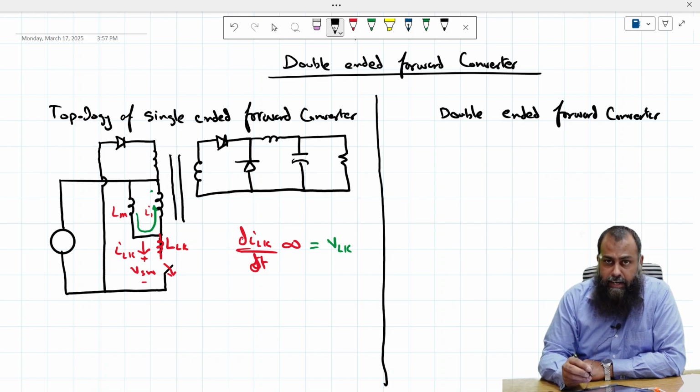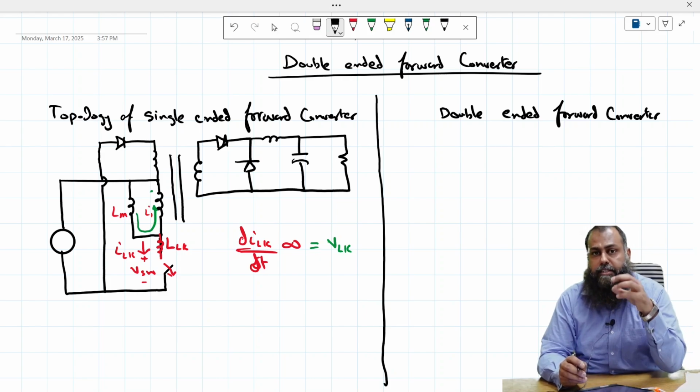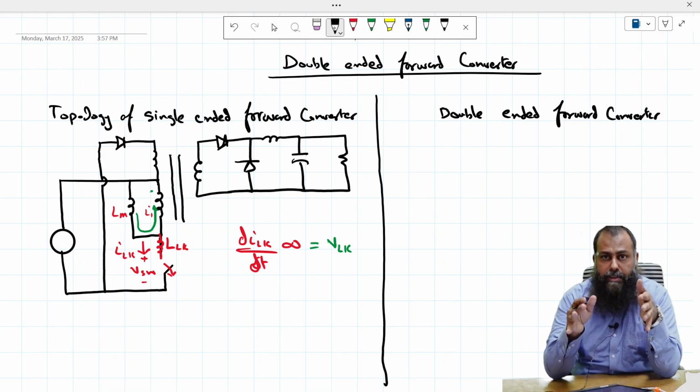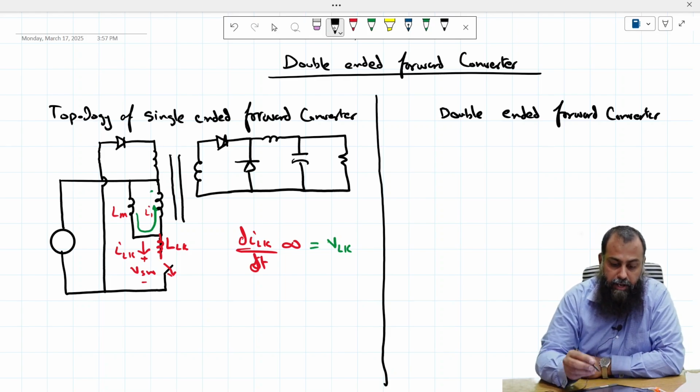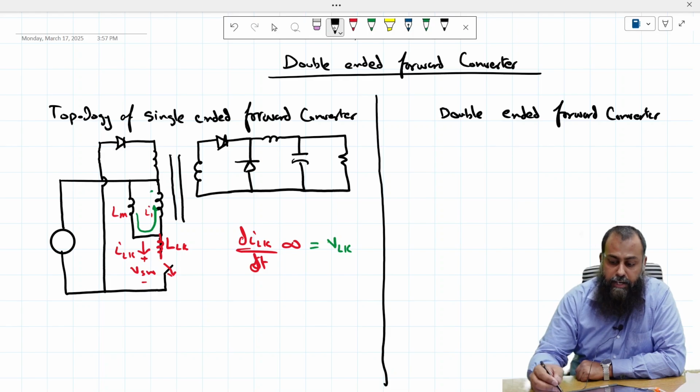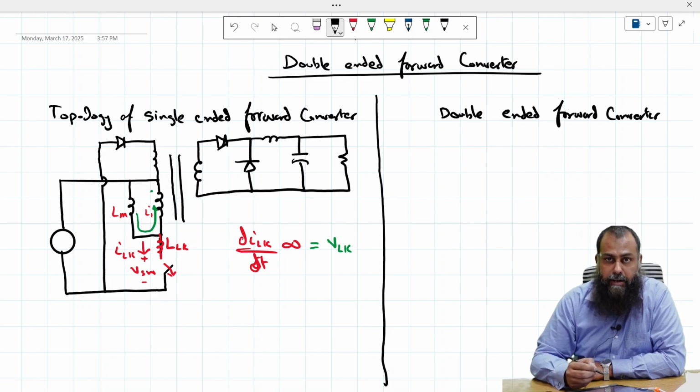The second thing here is that instead of using one switch, we use two switches, and therefore the voltage stress experienced by a single switch becomes half of that what we have seen for a single-ended forward converter. So let us draw the diagram of a double-ended forward converter, and thereby we will start the analysis for the turn on state and the turn off state, and then we will derive the voltage gain of this given converter.